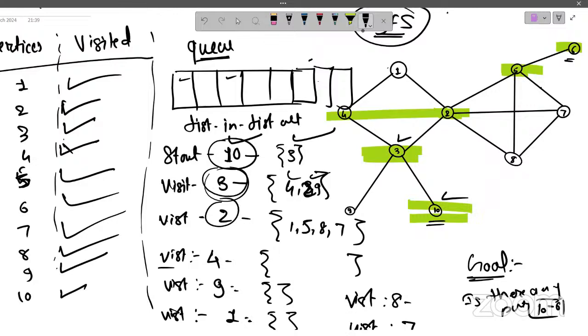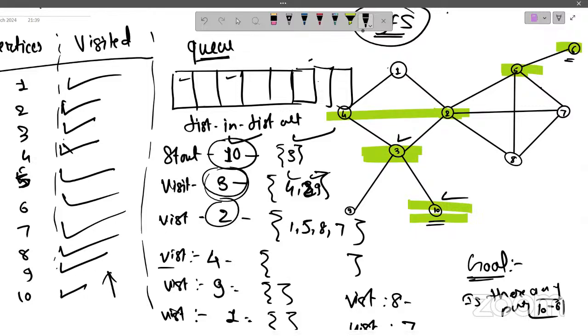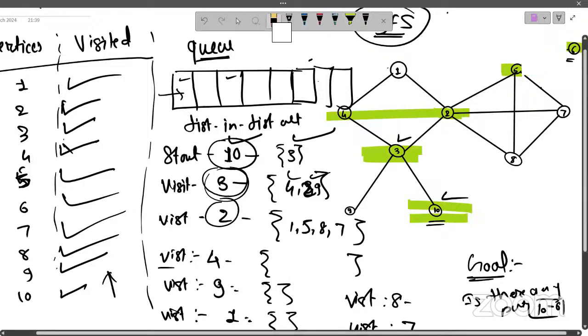Okay, so the process will end when I don't have any other vertex to go to, because my queue is already empty. Now, for the sake of generality, suppose this edge is not there, right? You can assume that.